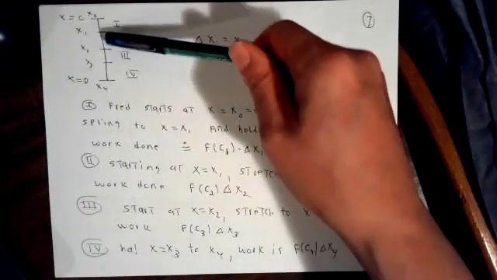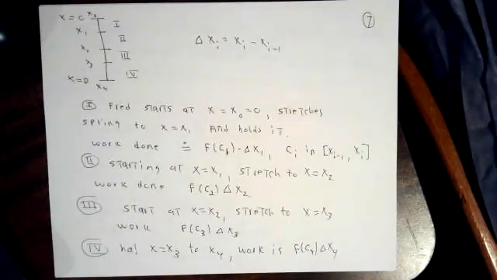That's the second of my subintervals. Pick a representative x number in the second subinterval between x1 and x2. The amount of work done on the second subinterval is approximately f evaluated at c2 times delta x2, where c2 is some number in subinterval number 2. Then play the same game on the third and fourth subintervals.